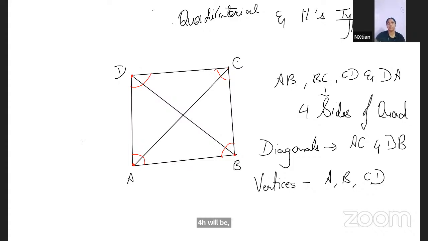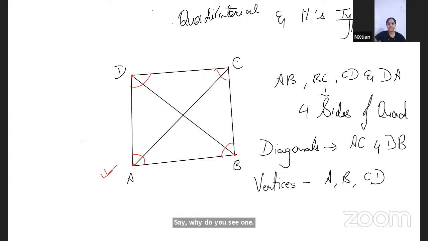Now, in a quadrilateral, we have opposite angles as well. So, angle A, what will be its opposite angle? What will be the opposite of angle A?